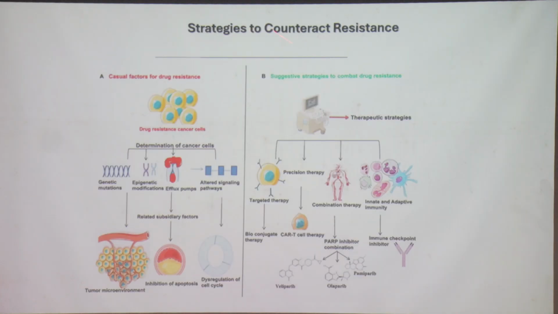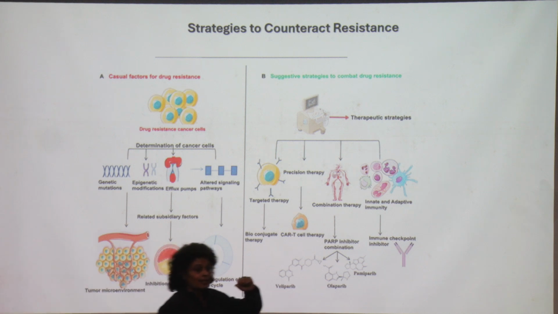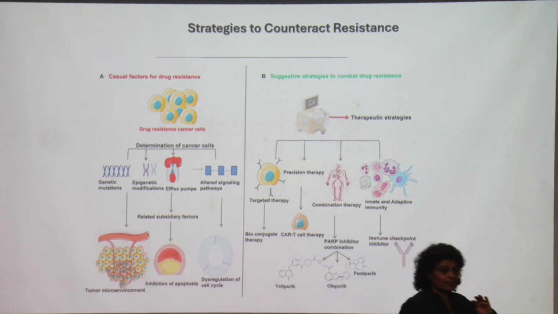Okay, so now let's talk about strategies to counteract this resistance. First, you figure out exactly what is the cause of cancer. This is very important to figure out before you make your plan of attack. So for example, like I was telling you yesterday, pancreatic cancer is the most lethal cancer.